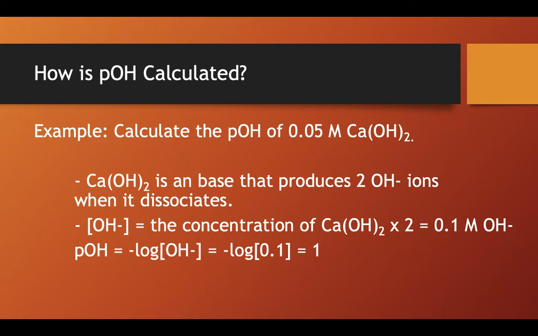So if I take the concentration of that calcium hydroxide and multiply it by 2, the real concentration of hydroxide ions in this solution is 0.1. And if we plug that into the formula for pOH, I end up taking the negative logarithm of 0.1, and that's equal to 1.